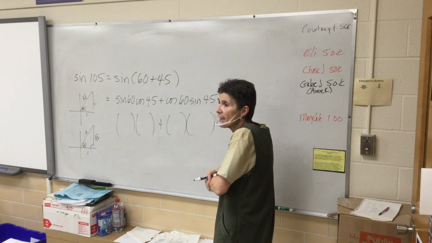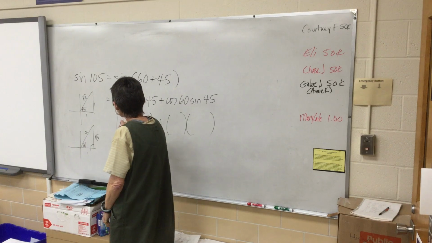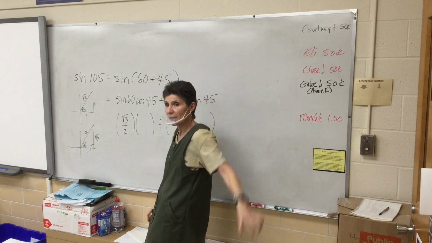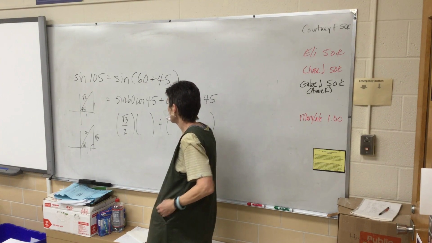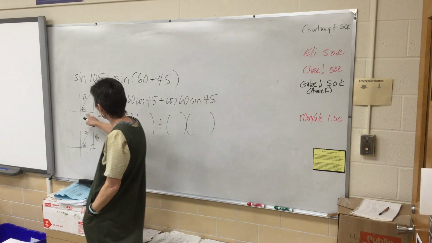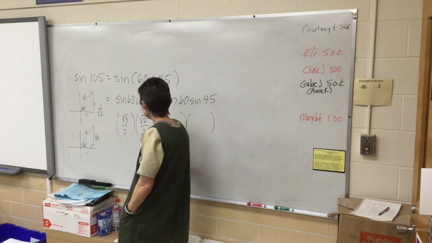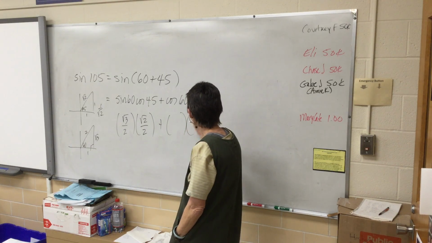So what's the sine of 60? Root 3 over 2. If you're still messing this up, write SOHCAHTOA at the top of the page to remind yourself: opposite over hypotenuse. Cosine 45, let's rationalize it. It's 1 over root 2, but I'm going to go ahead and enter it as root 2 over 2. Which, by the way, is the same as the sine.